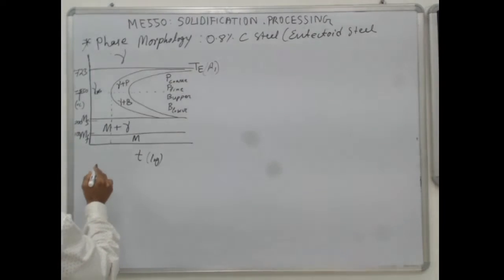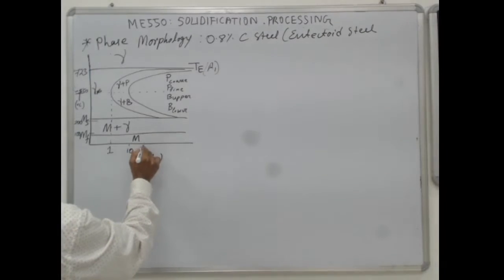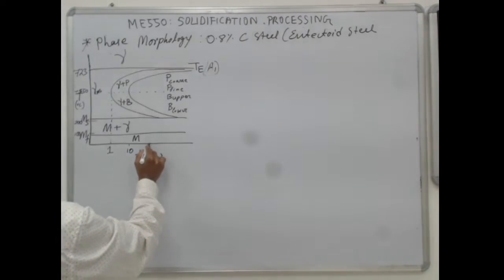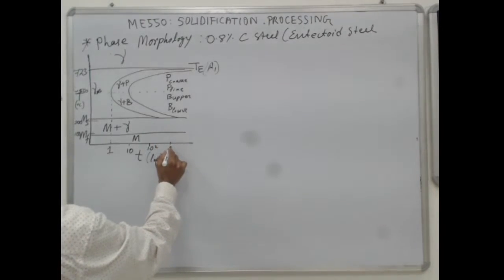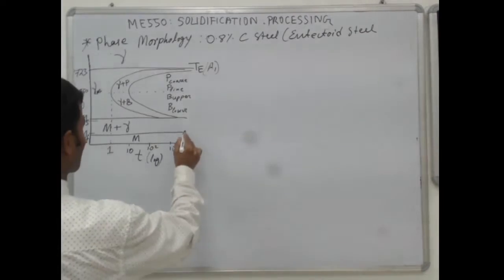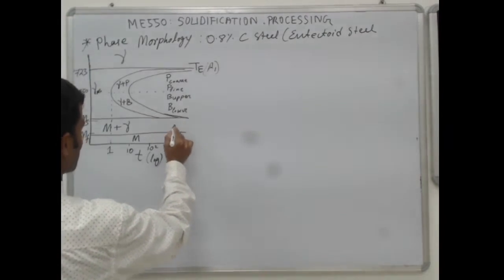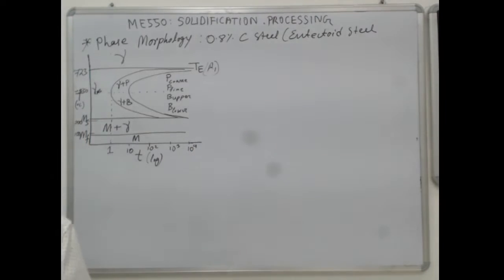Here the time is about 1 second, and then the finishing time is about 10, then you have 10 squared, it is a log scale, 10 cubed, this line will go like this, 10 to the power 4, something like this.